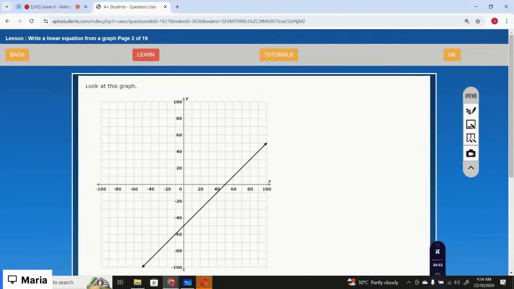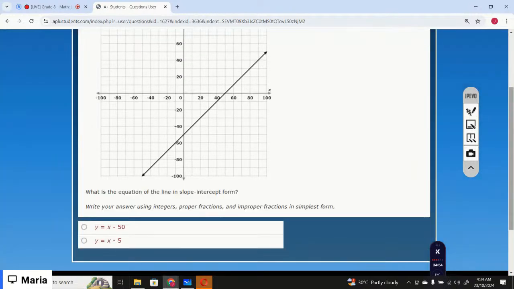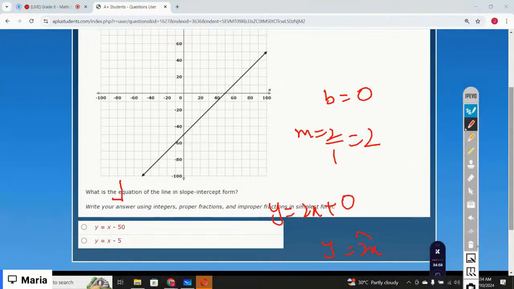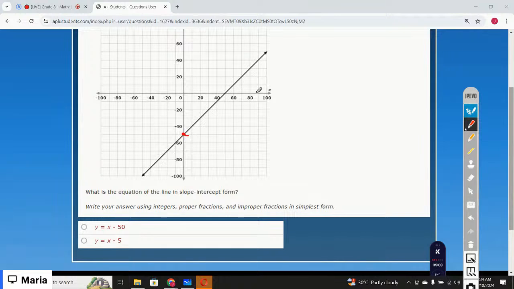Look at this graph. You need to find the two things, the y-intercept and the slope. So here is the y-intercept, right? That is b equals negative 50, and the slope is 2 over 2, that is 1.